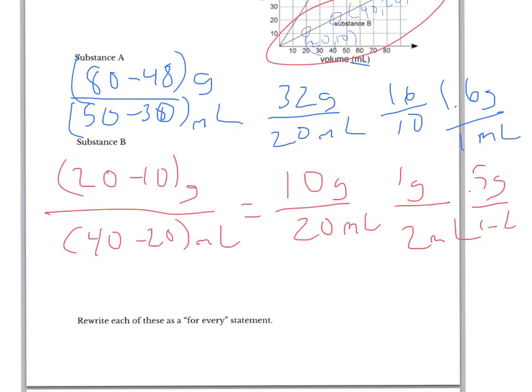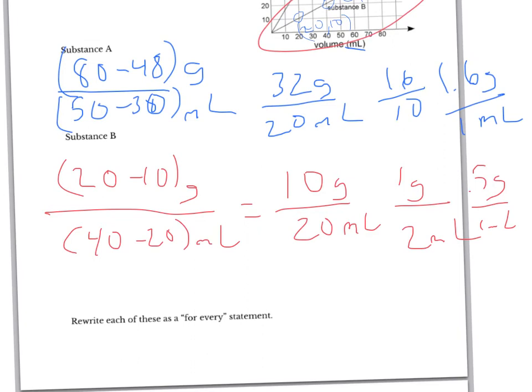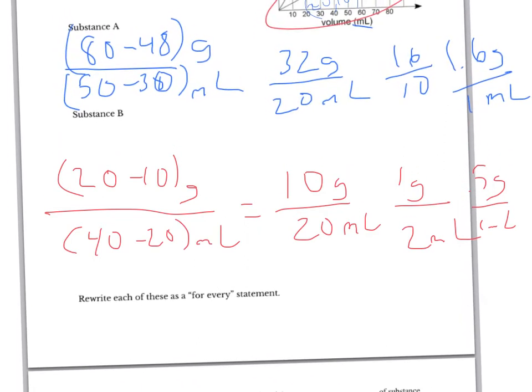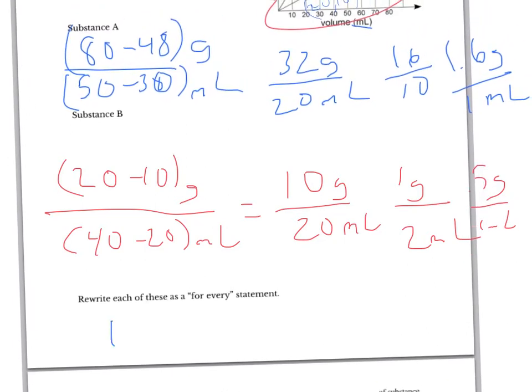And that actually should make our forever statements even easier. So rewrite these as forever statements. We could say, for the blue one, for every 1.6 grams, there is 1 milliliter.